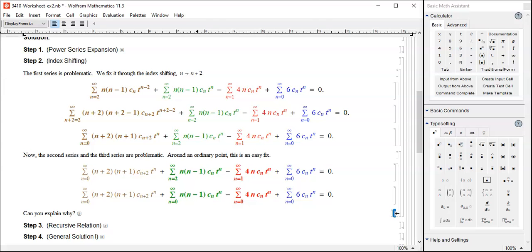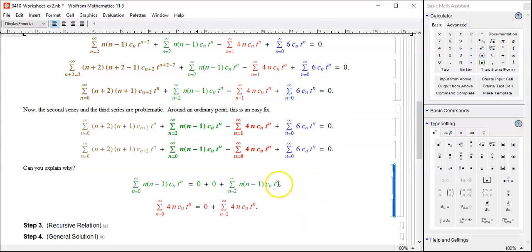If you're interested in the reason, here it is. Compared with these two series, what's the difference? N equals 0, then plug in n equals 0 here, and we get the whole thing is 0. n equals 1, then this whole thing is 0. Therefore, we have 0 plus 0, and then the rest of the series that begins from n equals 2.